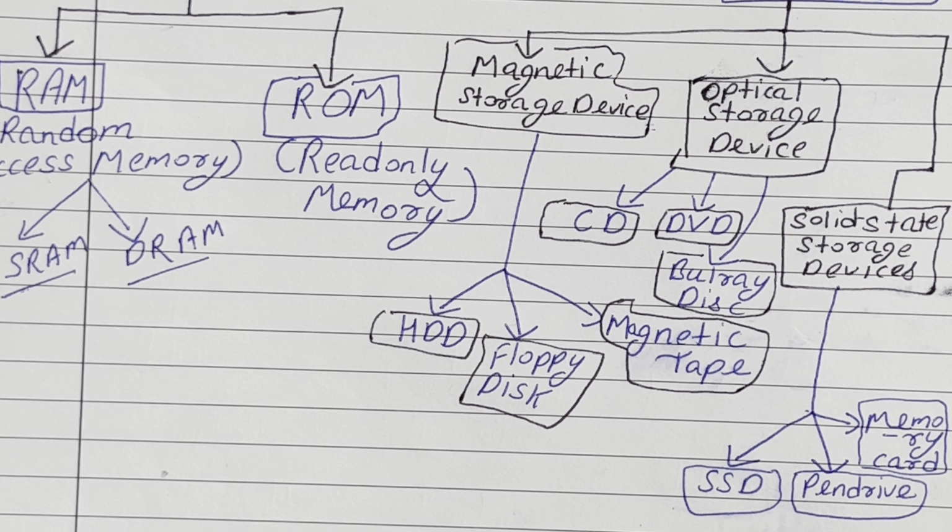Remember that as a definition. Instead of magnetic disks, it is designed to perform the same functions as the hard disk drive but provides significantly faster data access and better durability.